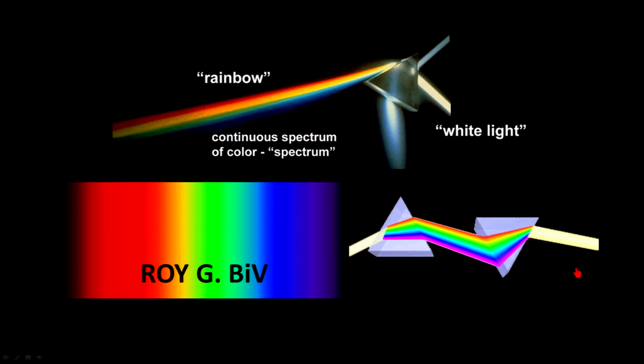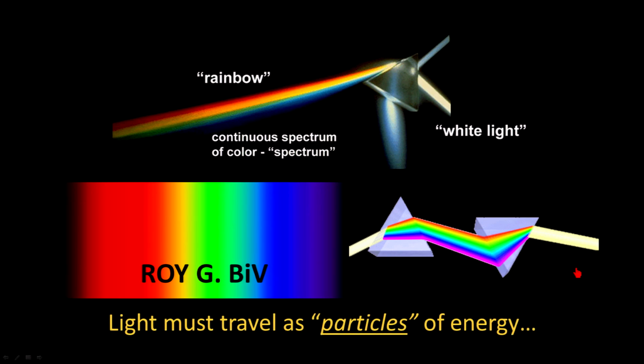According to Isaac Newton, this demonstrates that light must travel as a particle of energy. His logic was that light must be composed of all of these different colors, and each of these colors is like a particle of light. The reason he used that logic is because particles have the ability to be sorted out. Only particles can be sorted, such as coins in your jar at home can be sorted into different denominations, or various pieces of candy can be sorted in different styles.